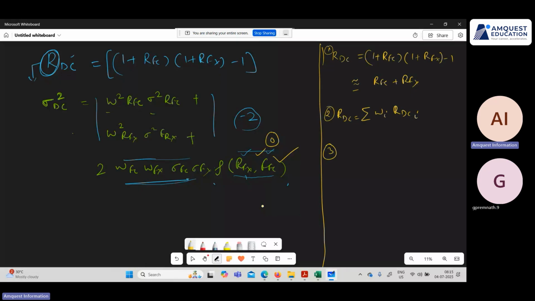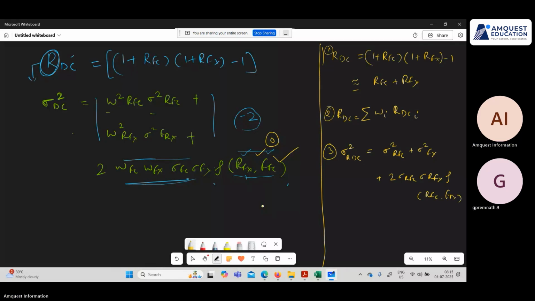So if there is only exposure to one currency, then my sigma square RDC is given by sigma square RFC plus sigma square RFX, so A square plus B square plus 2AB, correlation between RFC and RFX.